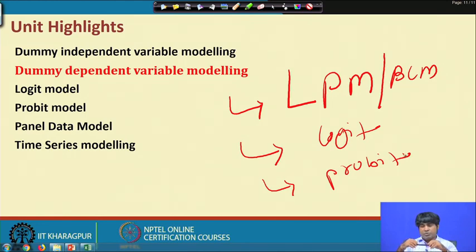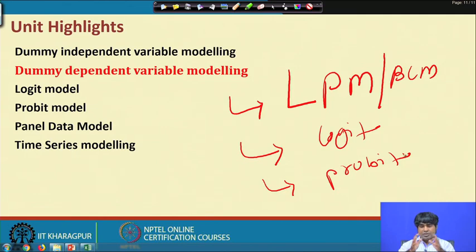We would like to discuss in what situations we can apply these models and how these models are different from each other. That means we would like to know the structural form of these models, with respect to LPM, Logit and probit. However, one typical common thing is that the dependent variable is categorical or dummy type.